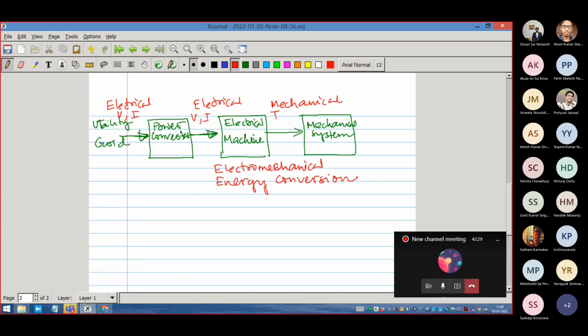Now this is reflected in the form of torque and speed. Then the mechanical system has a moment of inertia J, and based on the torque, it will develop the speed, and this is the way the interaction will continue.